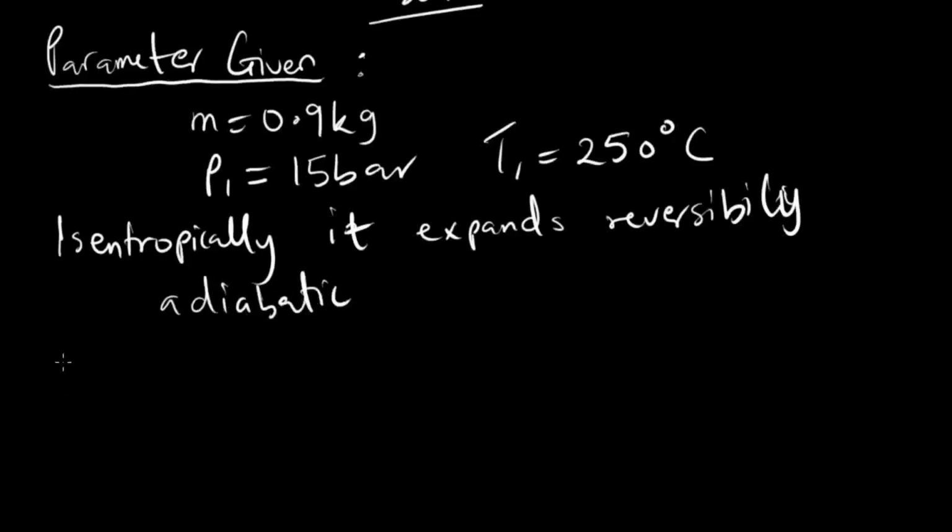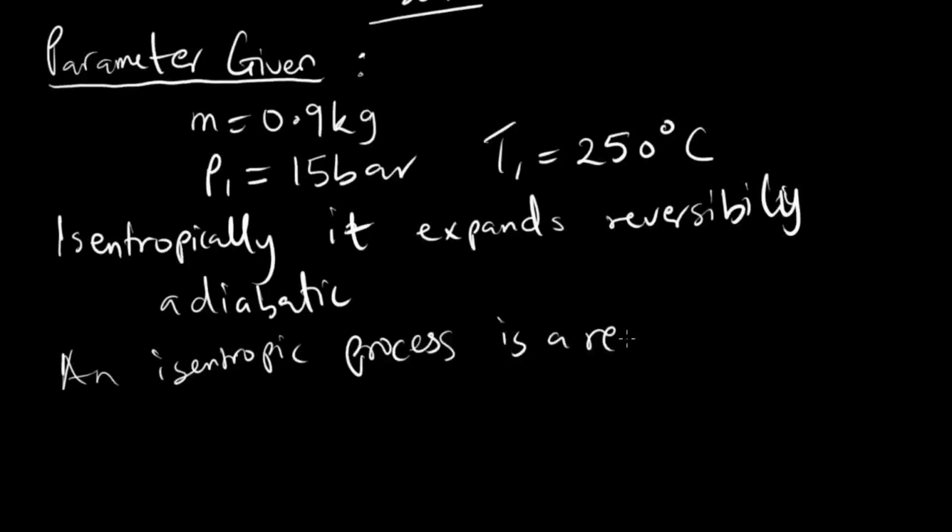So can I say this? An isentropic process is a reversible adiabatic process.